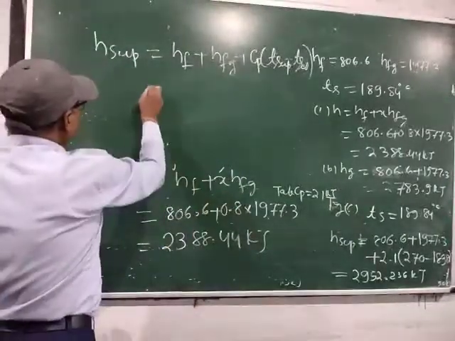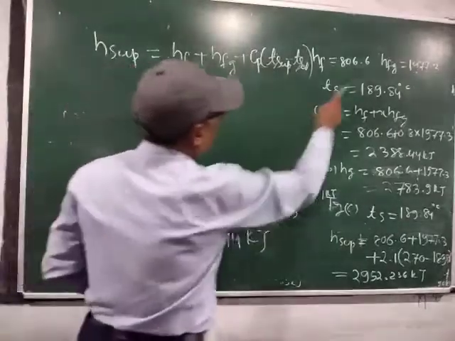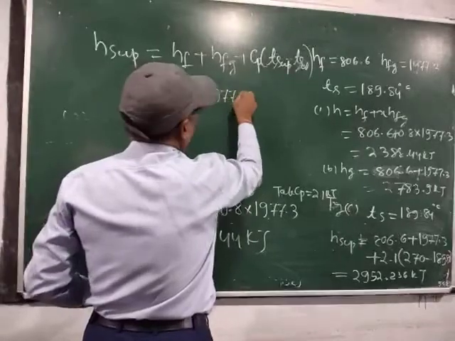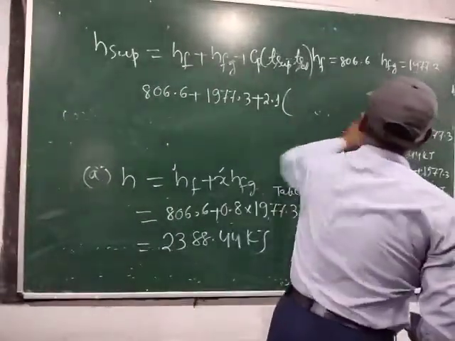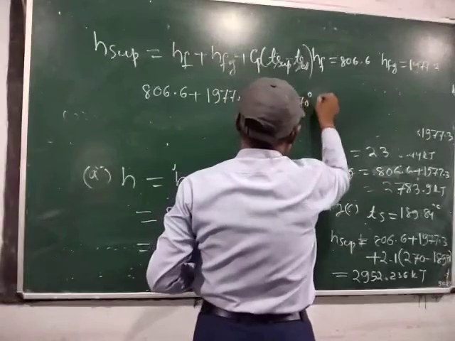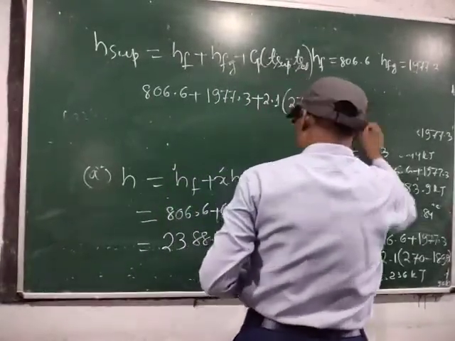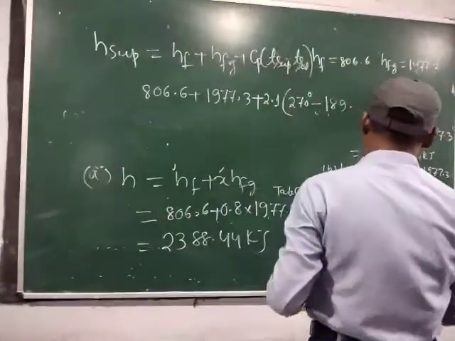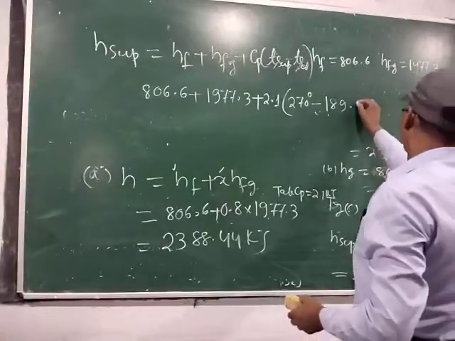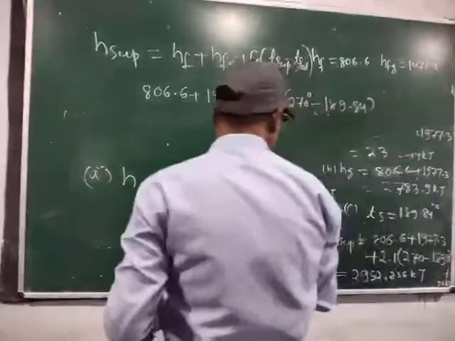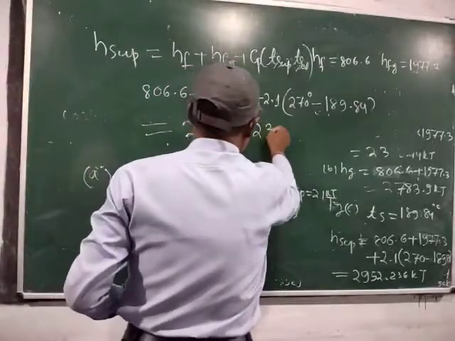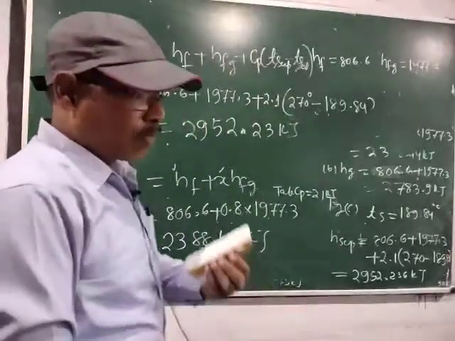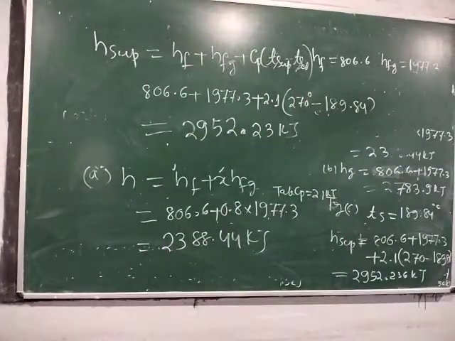Putting all the values, 806.6 plus HFG 1977.3 plus 2.1 within bracket T superheated is equal to 270 degree centigrade minus 189.84 is equal to 2952.236 kilojoule.